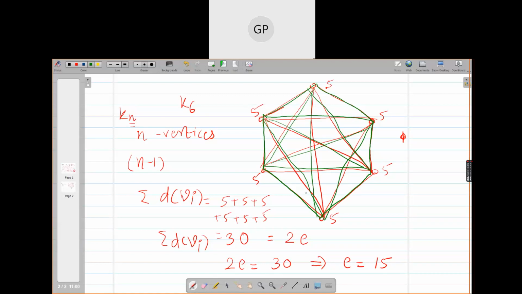Do you understand it? Yes, ma'am. So in general, can you tell me how many edges will be there in a complete graph? If Kn has n vertices, how many edges will it have?